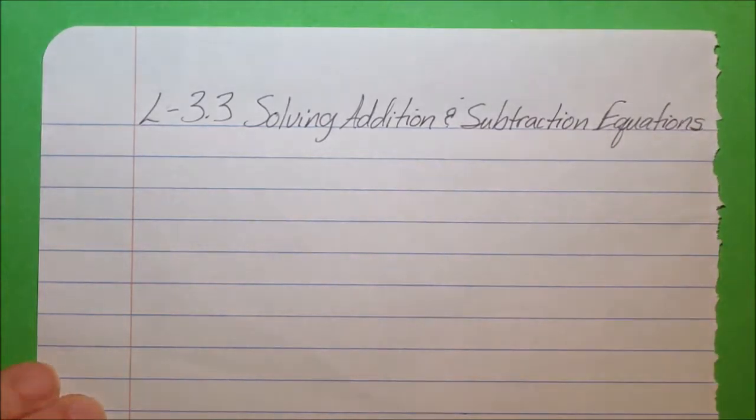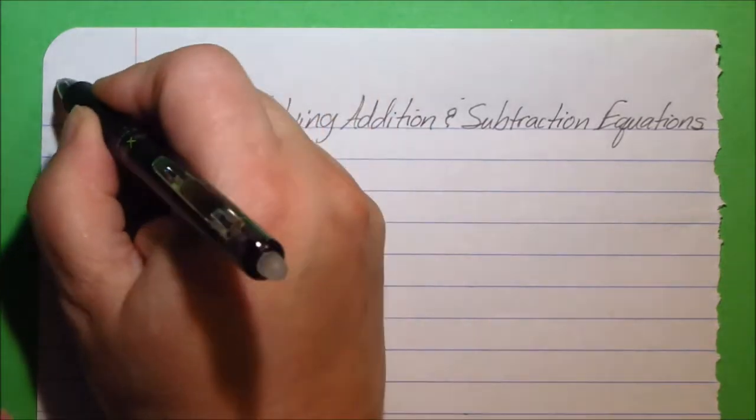All right. 3.3 in our text is solving addition equations, and 3.4 is solving subtraction equations. But we have found that students can handle being taught addition and subtraction equations together as one lesson just fine. So that's why we do that.